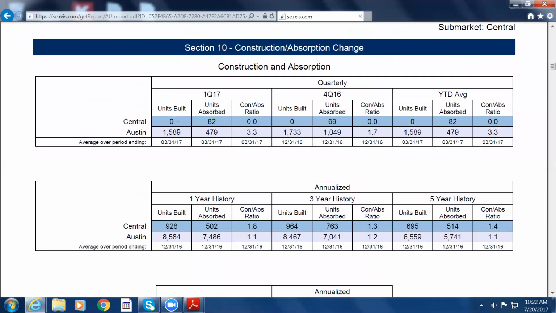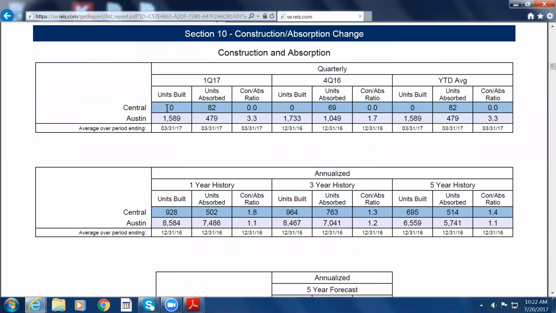So what this chart is saying is of the existing units plus the units that are built, how many of those units were absorbed? Now we're able to capture that absorption rate because we do individual surveys, and we can simply aggregate all of those different units that were leased up into one absorption figure. So even though nothing was built, the existing units that were there, 82 of those were absorbed.